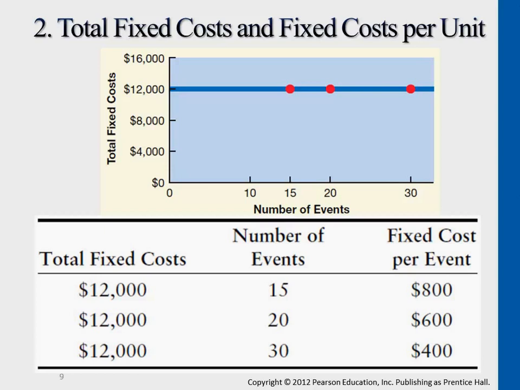We just equally distribute it to different jobs. So if we know that we have fixed cost $12,000, and this season there are 15 events that happen, we just divide it by 15 and assign this number here, $800, to each service. Yes?